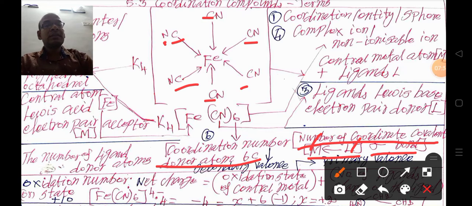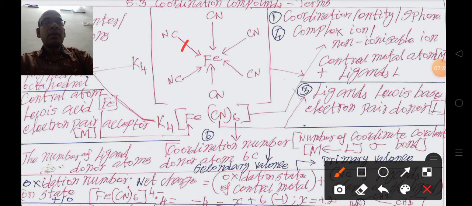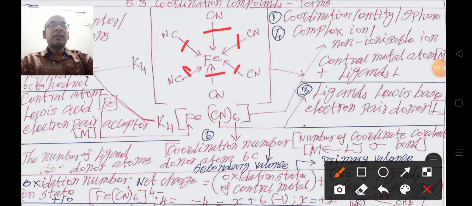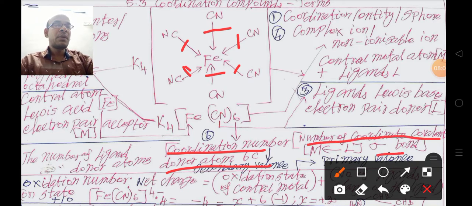In this example, totally 6 coordinate covalent bonds: 1, 2, 3, 4, 5, 6. This is also called the coordination number. The coordination number has two definitions. Number of donor atoms, that is 6 carbon atoms, therefore coordination number is 6. Second definition, the number of coordinate covalent sigma bonds, also 6, therefore coordination number is 6.